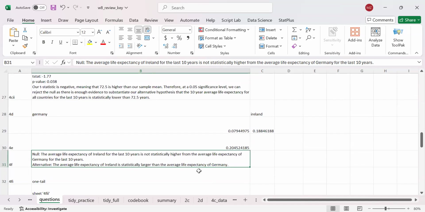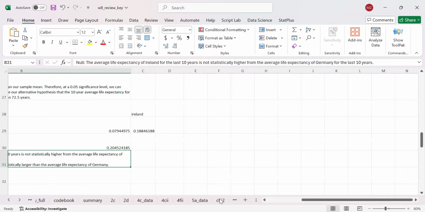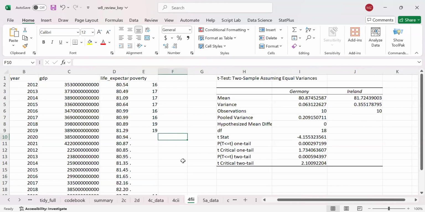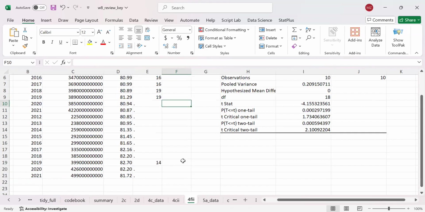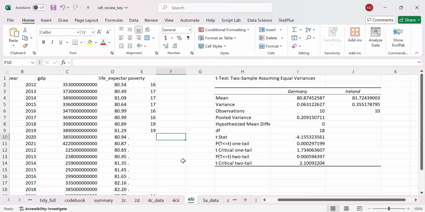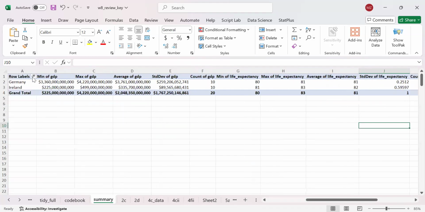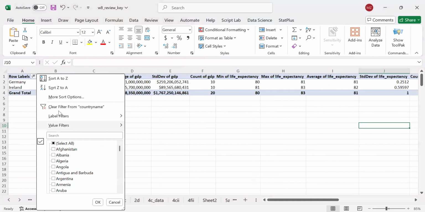So we want to use this to do our t-test. If you go here on the sheet 4F2, we have the data here, but what you can probably do is I'll add another sheet and show. Let's remove the filter from here.